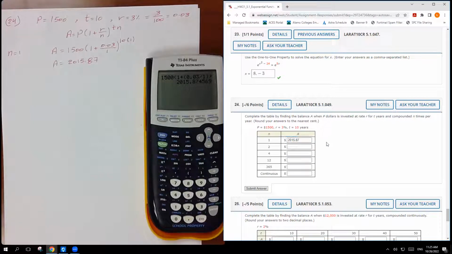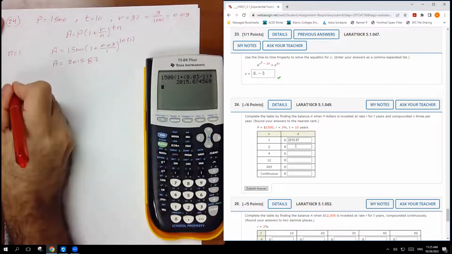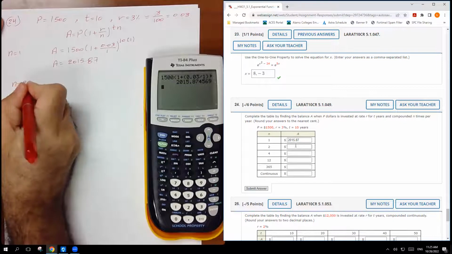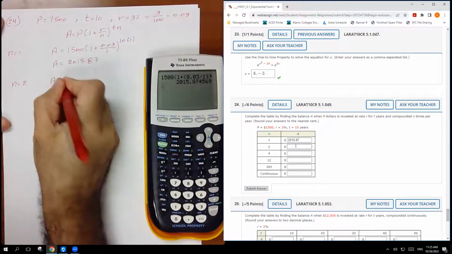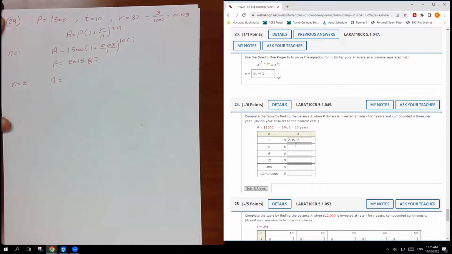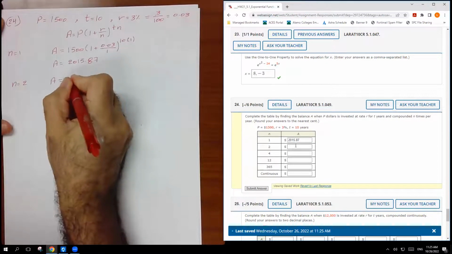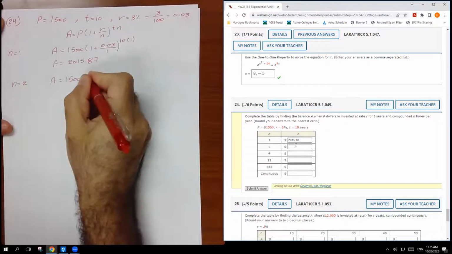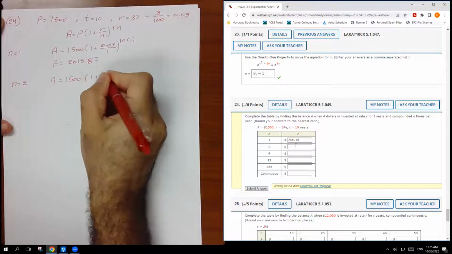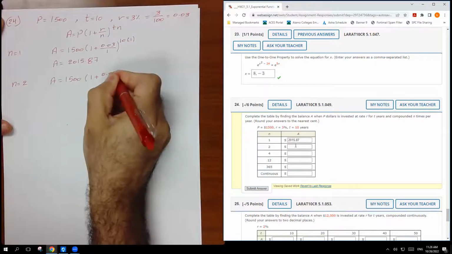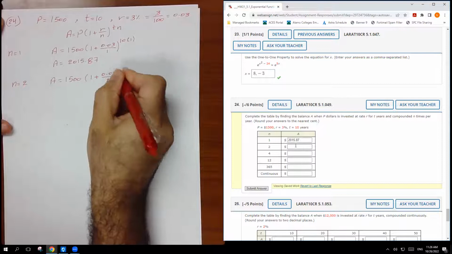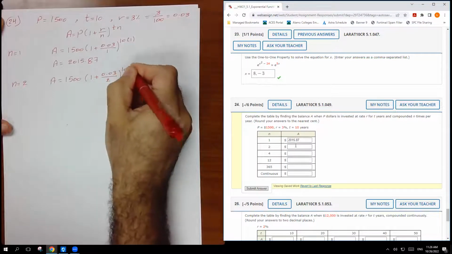Now, when n equals 2, we're going to use the same formula. The balance in the account is going to be 1500 times (1 plus 0.03 divided by n, which is 2) to the power 10 times 2.